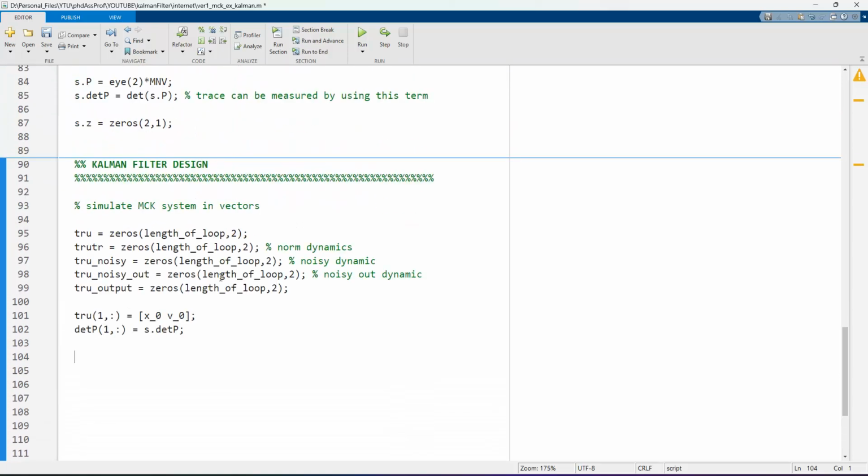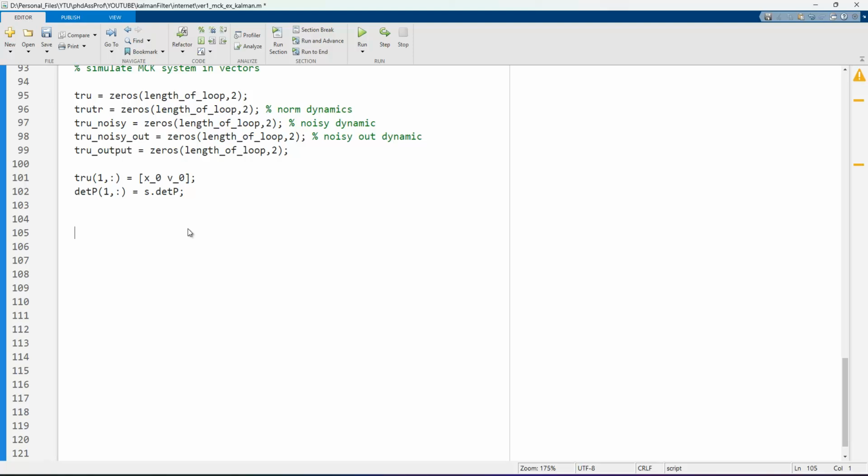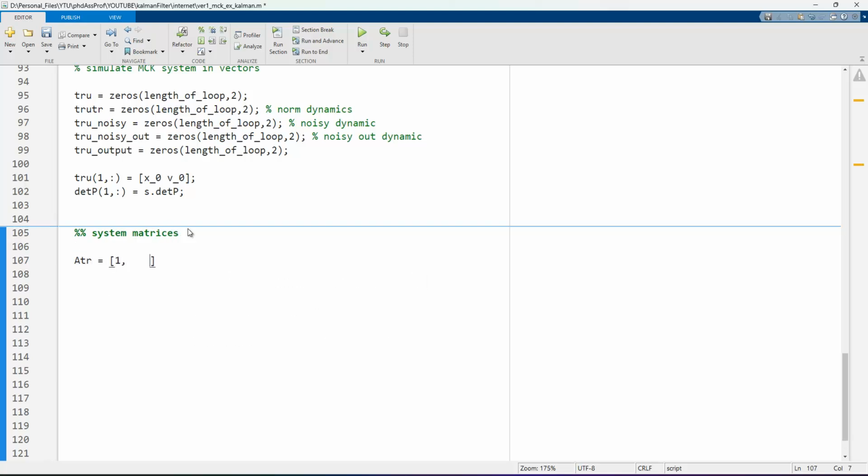So these are the cases, and these are the Kalman filter, but the real system possesses other dynamics, a system matrix, just like this one. ATR is equal to 1, dt and k times dt divided by m, and 1, dt times c divided by m, and BTR, the true dynamics, is given with 0 and dt divided by m.